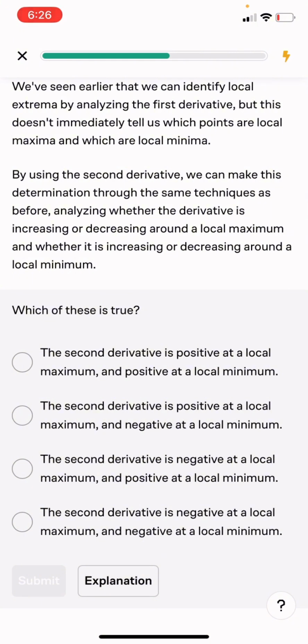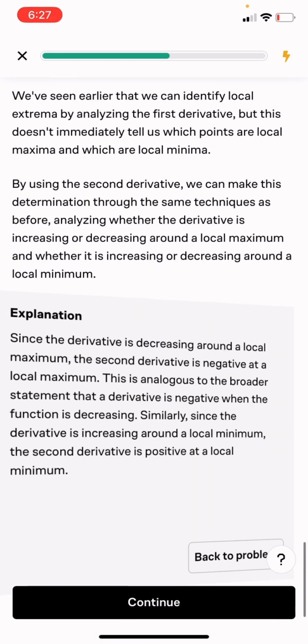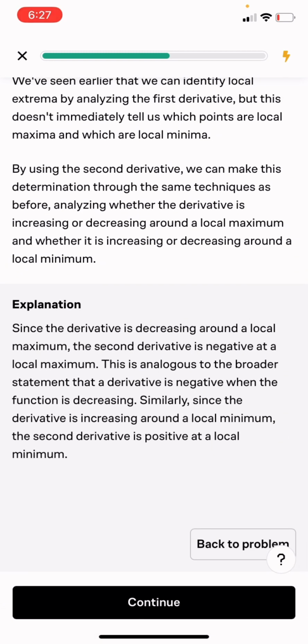I don't think it would be positive. I think it would be this, negative, positive. I knew the local maximum would be negative. I was thinking about the local minimum. I'll see why. You always have to learn something new.